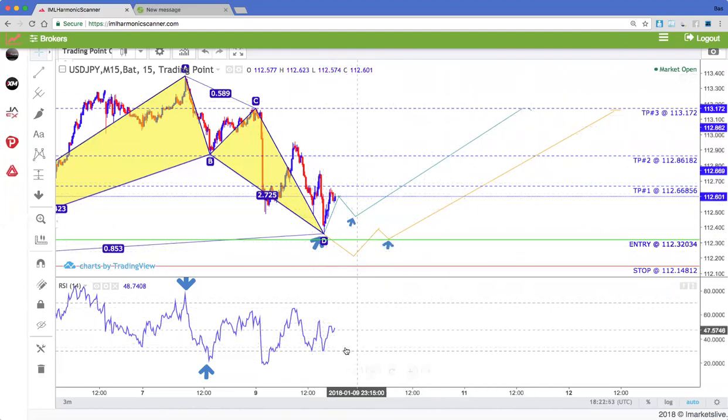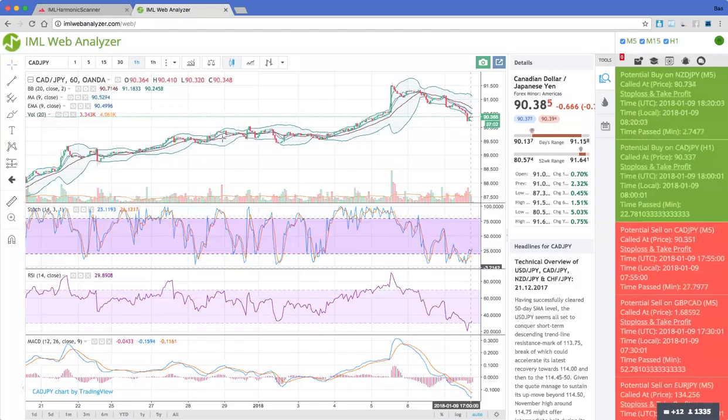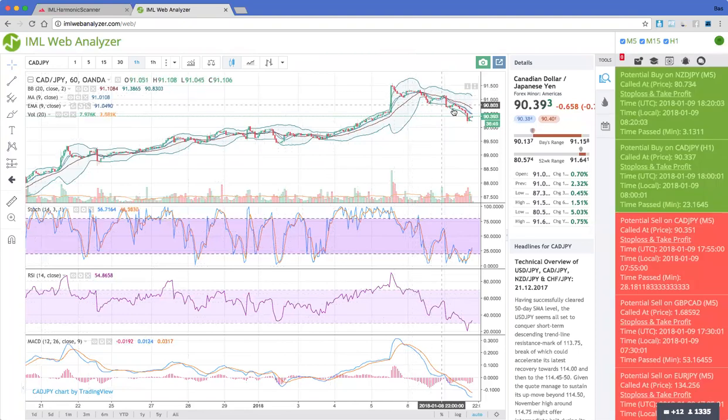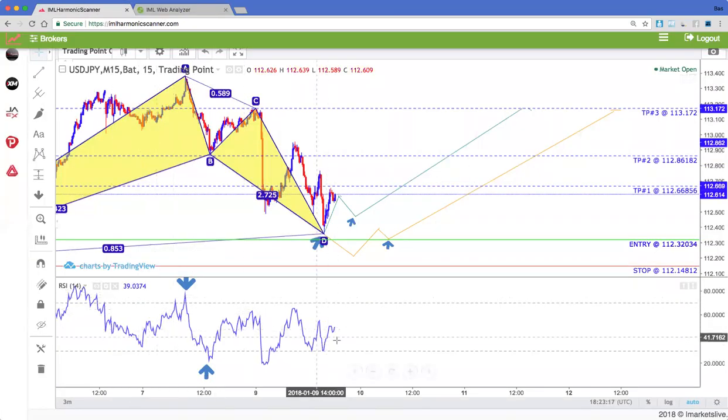So use RSI as an extra confirmation. You also will see in the web analyzer, also here we have the RSI. It's a very important one. Here also you see an oversold moment and what's happening in the market, down directly. And it's still oversold, and then it's going down for the longer term, all the way till here. So that's how RSI works, and it's a very good way to analyze your trades.